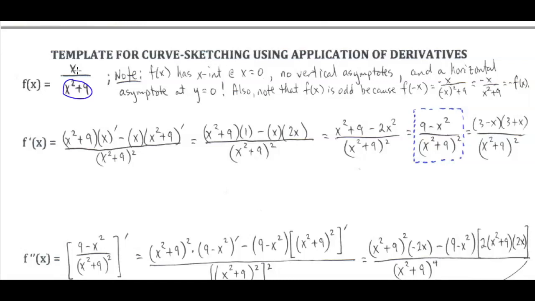Okay, so because of that, it's going to make this function look a little different than some of the normal rational functions we're used to seeing in pre-cal. Horizontal asymptote. We know we have one at y equals 0 because the degree of the numerator, which is 1, is smaller than the degree of the denominator, which is 2.